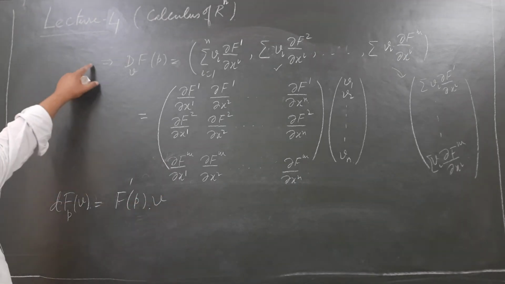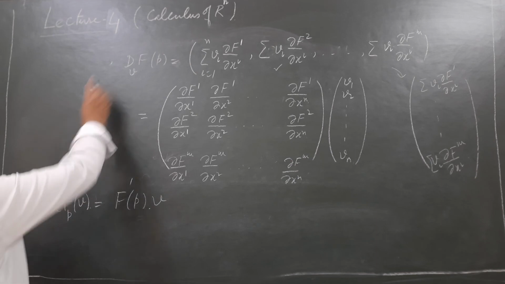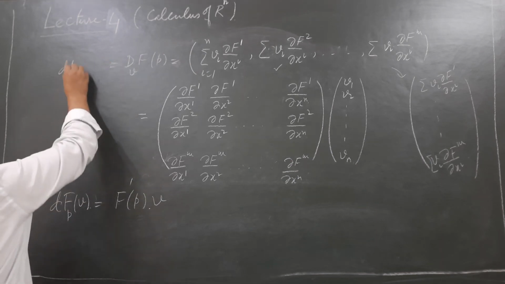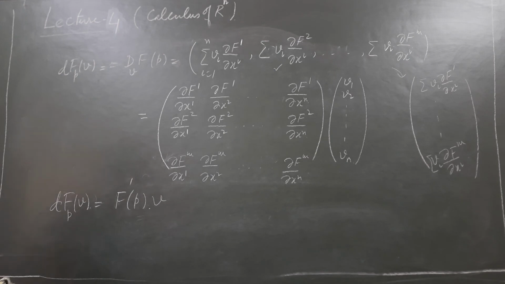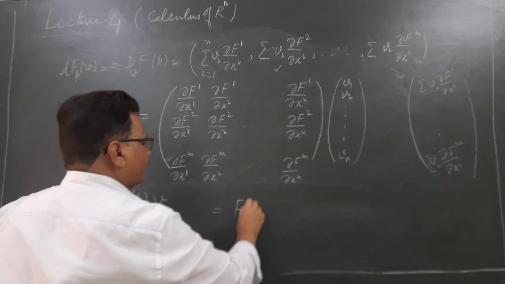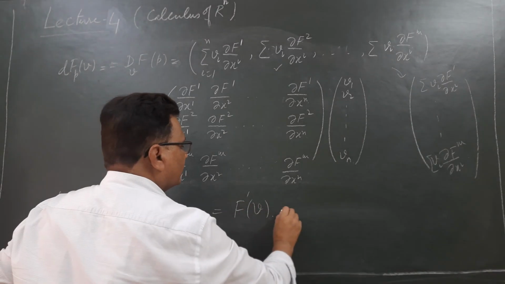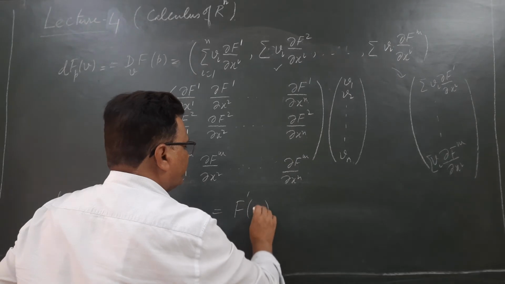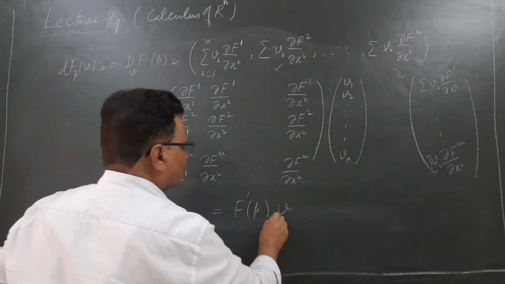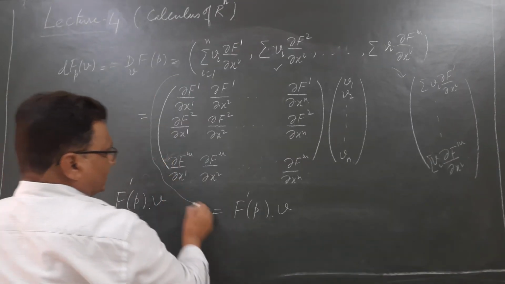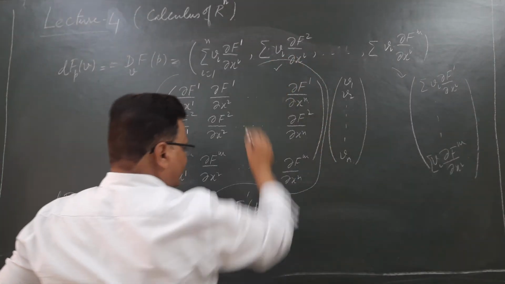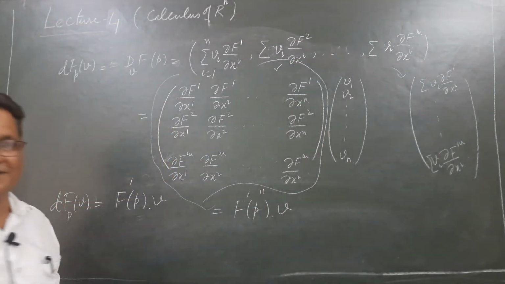The left extreme side is also equal to dfp v. So if you write it as f dash p into v, with matrix multiplication here, then you can see that this matrix is actually equal to f dash p.